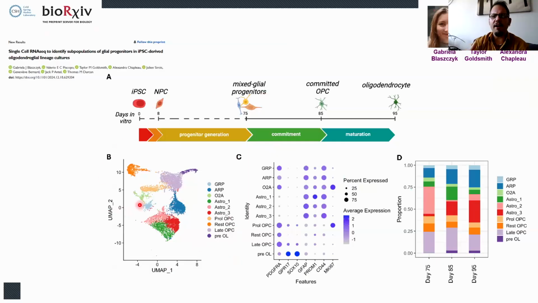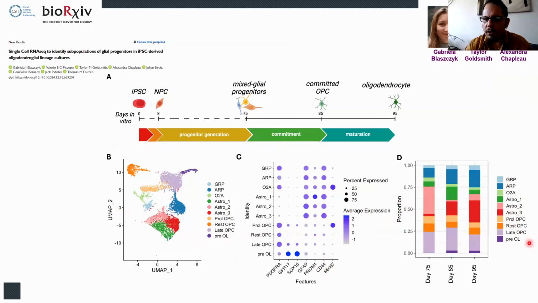We also quantified the proportion of these populations and their gene expression. One thing that is striking is that the population of astrocytes seems to increase over time and then abruptly decrease once they differentiate, but the amount of astrocyte progenitor increases over time for some reason.